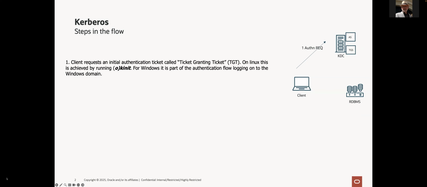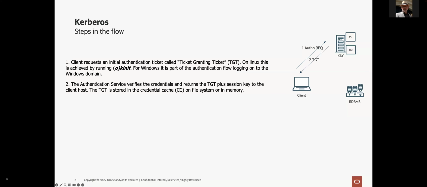And for Linux distributions, to get the ticket granting ticket, as it is called, we use the command kinit. The authentication request is sent in plain text to the authentication service of the KDC.